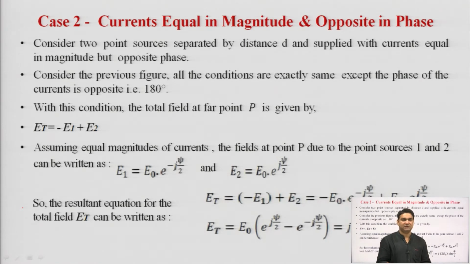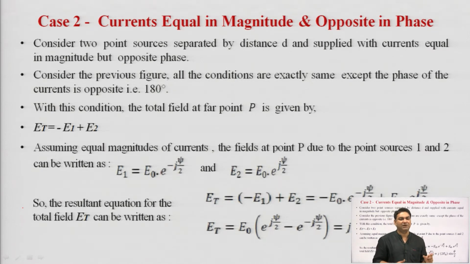The phase difference due to the spacing d between point source number 1 and point source number 2 is equal to k d cos phi, and simply we see that E1 can be written as E naught e to the power minus j psi by 2, and E2 is equal to E naught into e to the power plus j psi by 2, as I have already mentioned the concept of this exponential phase factor.